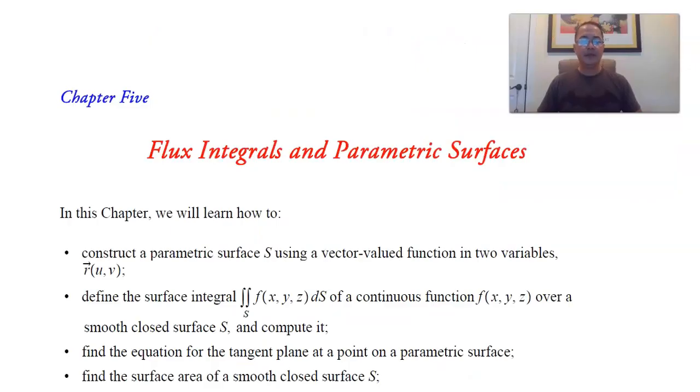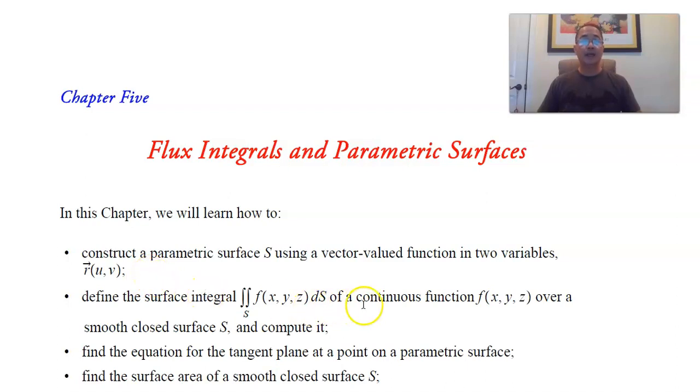All right, here we are. So it's going to feel a little bit like chapter 4. First, we're going to construct a new family of objects, and they're called parametric surfaces. In the last chapter, we did parametric curves where we had r of t, but now we have two variables, u and v. So instead of a curve, that's going to create a surface for us.